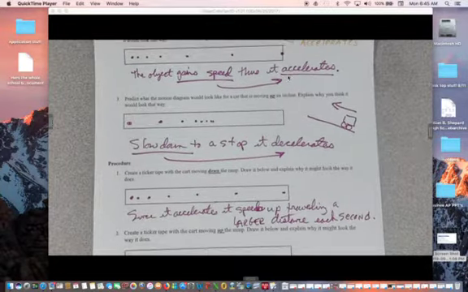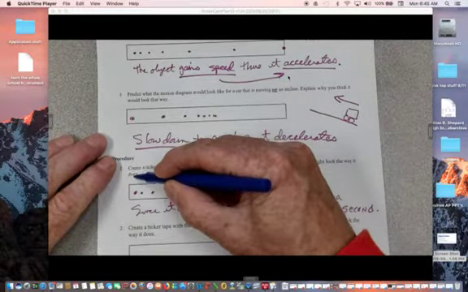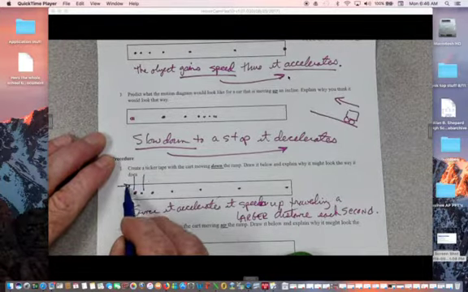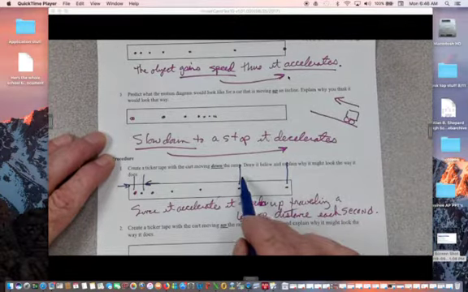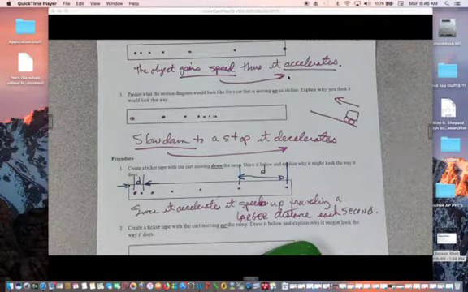So if I hold that paper up there and get a different color marker, or these are felt tip pens, I don't know if I'd call them markers. In the very first second, remember this is 0 and that's 1, I traveled a small distance. A couple seconds later, or several seconds later, I'm traveling a huge distance. That's the indication that you're accelerating, that your distances, the spaces between the dots, is getting greater.